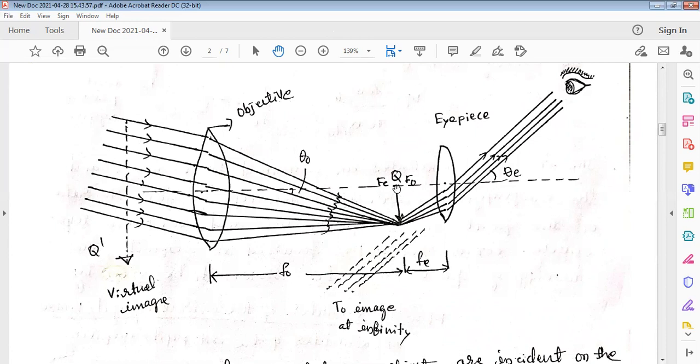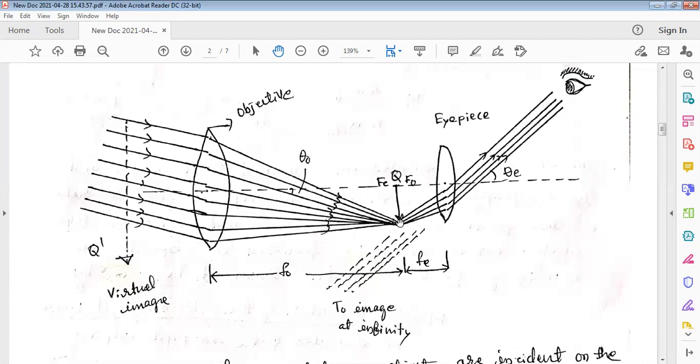Therefore the distance between this point and the center of the lens is the focal length f0, the focal length of this objective. Here an eyepiece is placed such that the distance between the image formed and the eyepiece is equal to the focal length of the eyepiece. So this much distance is the focal length of the eyepiece, whereas this much distance is the focal length of the objective.